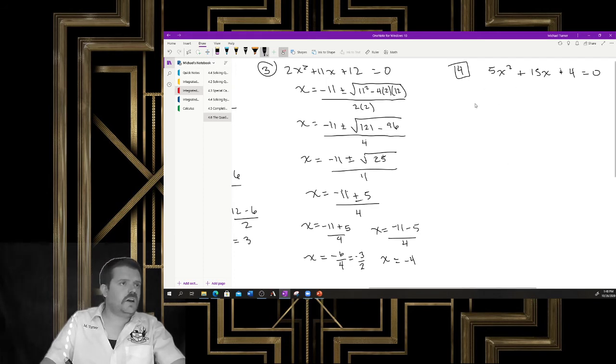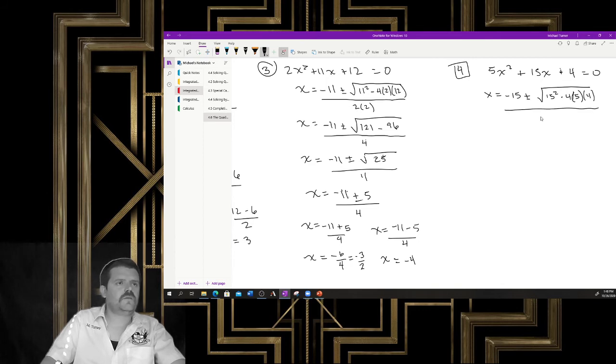So I go in and I plug in my a, b, and c. x equals negative b plus or minus the square root of b squared minus 4 times a times c, and that's all over 2a. So we're going to follow the same steps as before. We're going to start out with simplifying what's inside the radical.